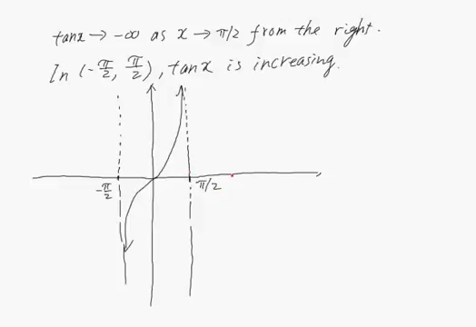So actually, when we draw some other vertical asymptotes, because the length of one cycle is pi, so from this one here and here, then you can get the graph of the tangent x for another cycle like this.